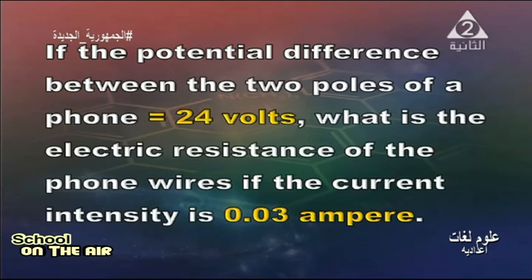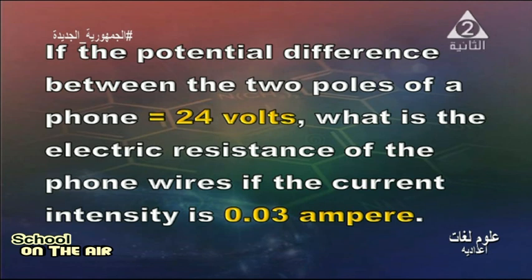This problem is on electric current and potential difference. If the potential difference between the two poles of a phone equals 24 volts, what is the electric resistance of the phone wire if the current intensity equals 0.03 ampere? Given: potential difference V equals 24 volts and current intensity I equals 0.03 ampere.